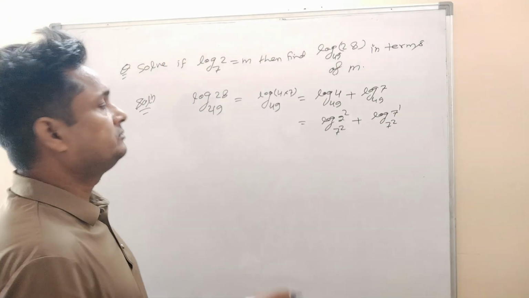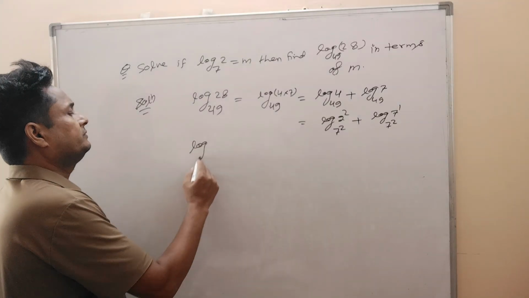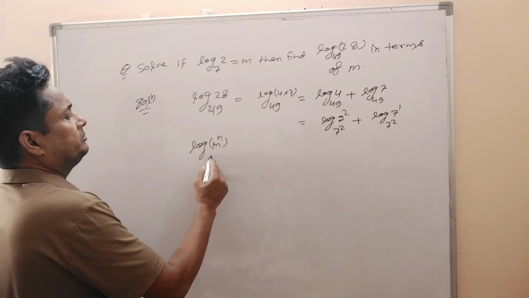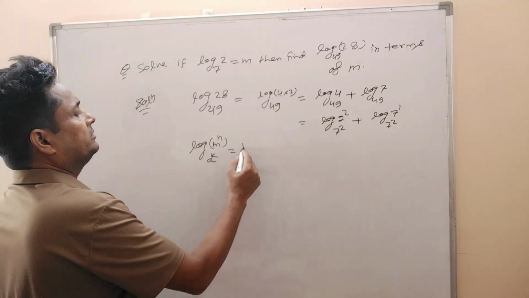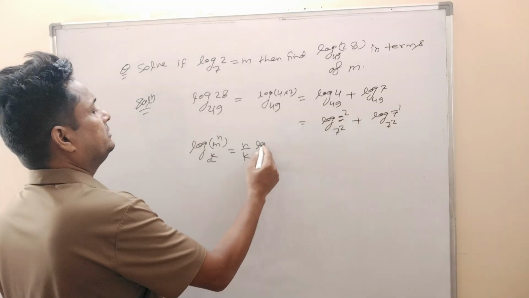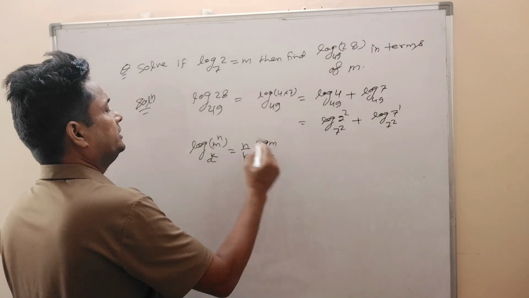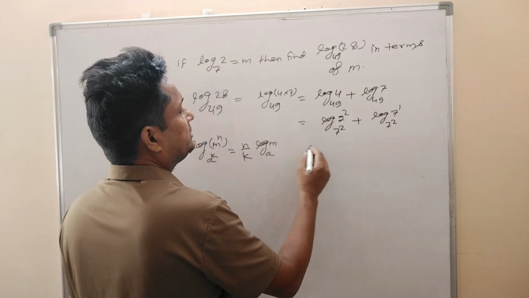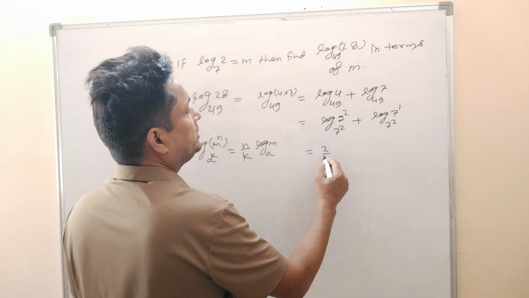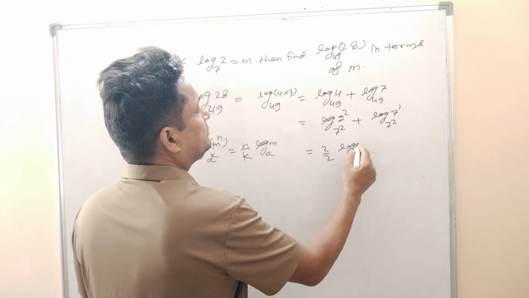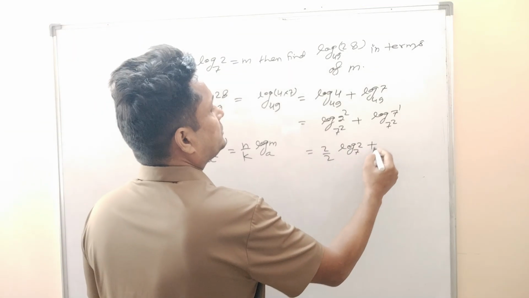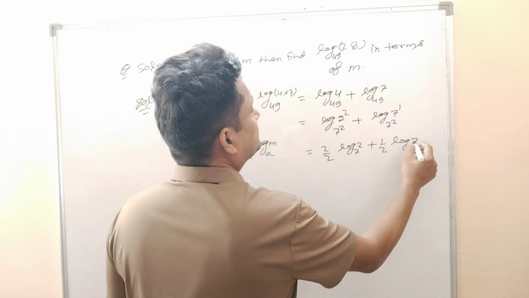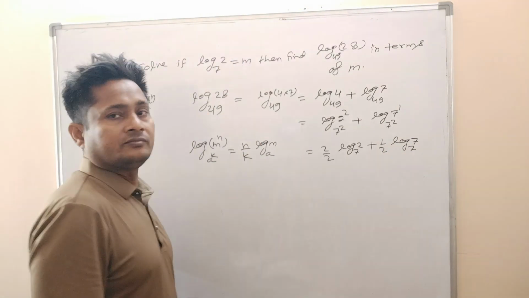And I told you one property: log of m to the power n base a to the power k can be written as n by k log of m base a. You apply this property here. So this can be written as 2 by 2 log of 2 base 7 plus 1 by 2 log of 7 base 7.